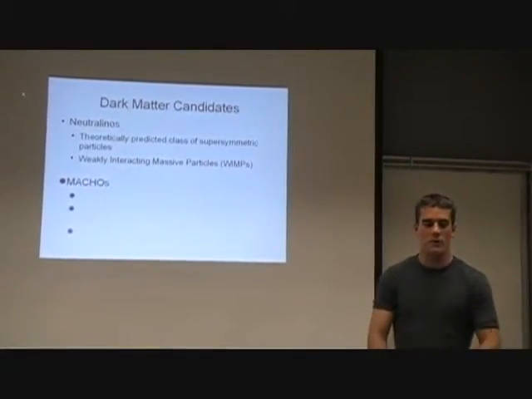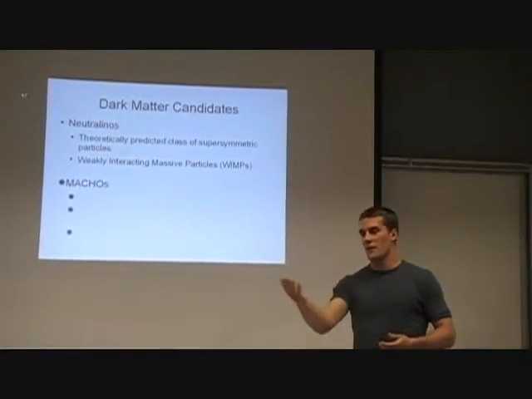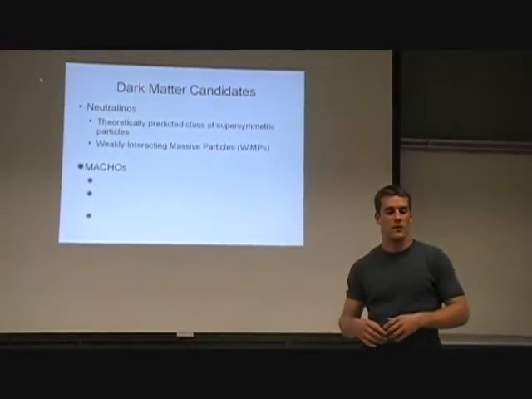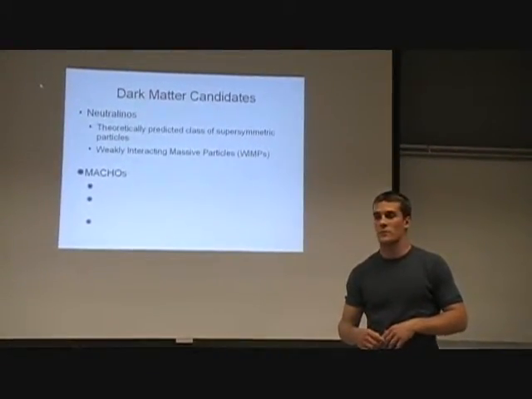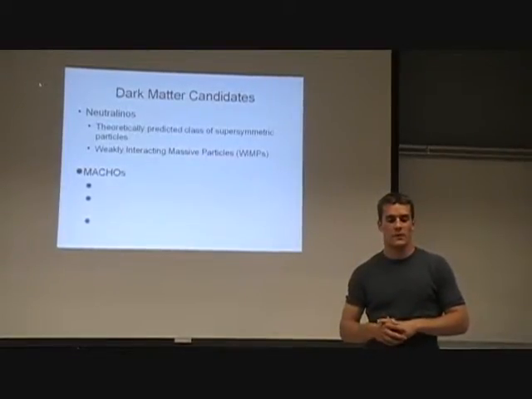The supersymmetric particle is sometimes abbreviated to SUSY, so you may hear about that in the media. Like Ben was talking about earlier, the Tevatron and the Large Hadron Collider at CERN are looking for supersymmetric particles right now. They've never been observed before, but they're predicted by a lot of theories.